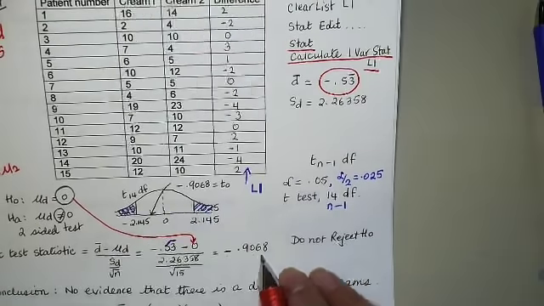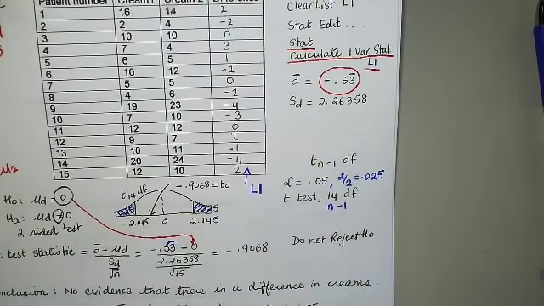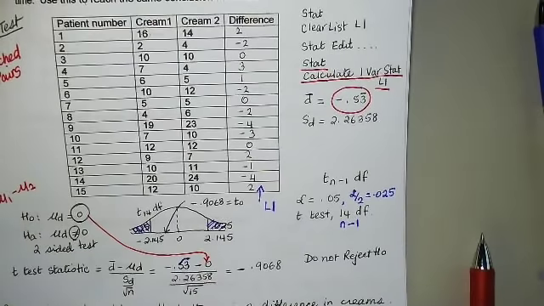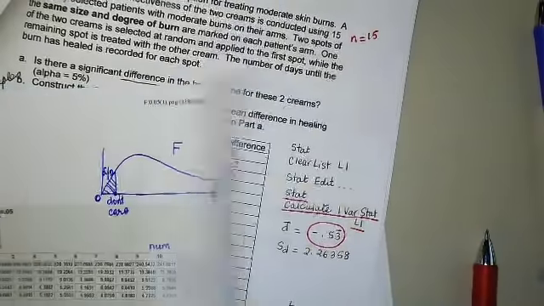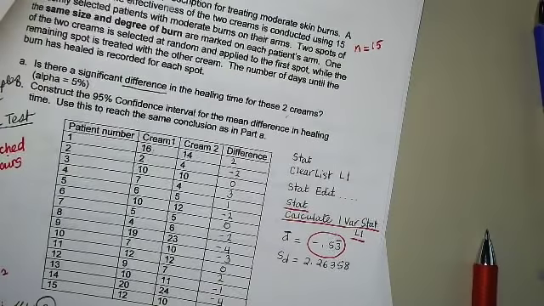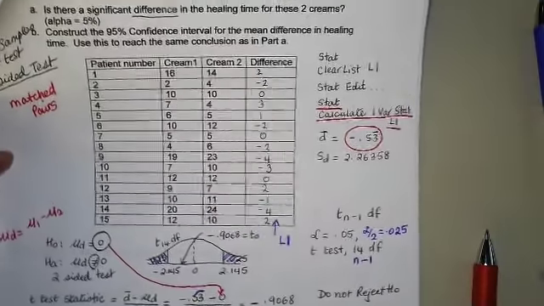Over s. This is the s of the differences over rad n. And that number turned out to be minus 0.9. That's my test statistic. I also need critical values, so I will go to my t-table with 14 degrees of freedom. Let me do that right now.